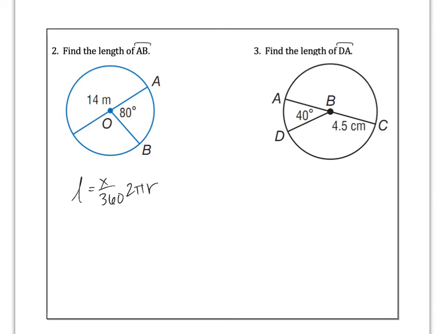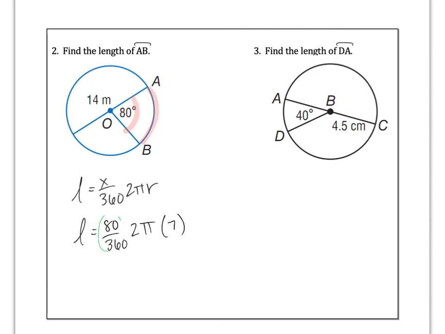All right, so for number 2, hopefully you did this. We're looking for the arc length of AB. That's over here. So we're going to use the 80 for our x. I did 80 out of 360 times 2 times pi, and then the radius, see how 14 goes all the way across? So the radius is half of that, so 7.